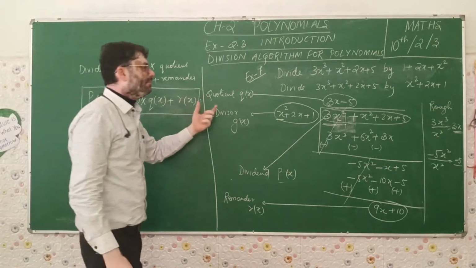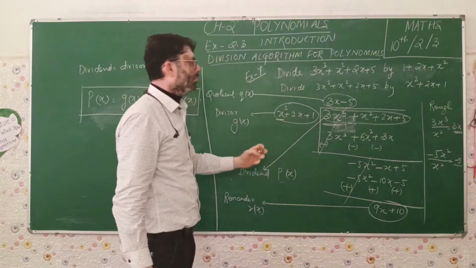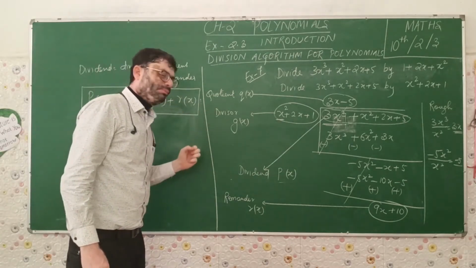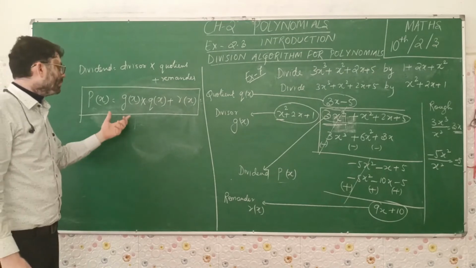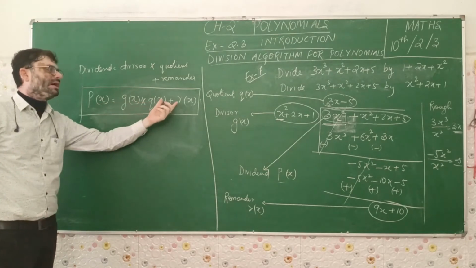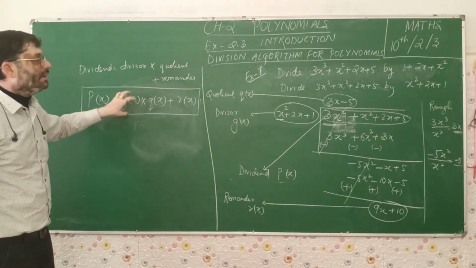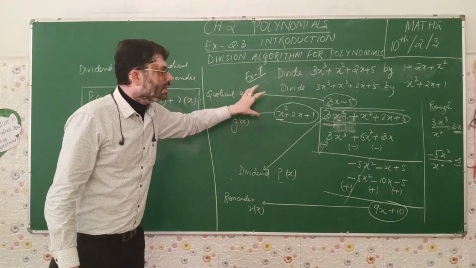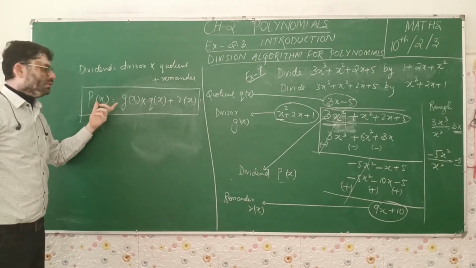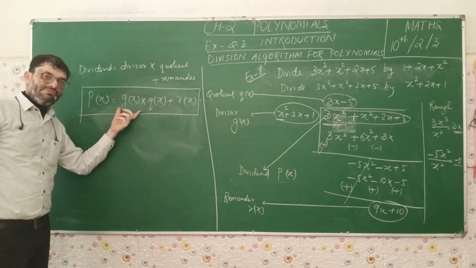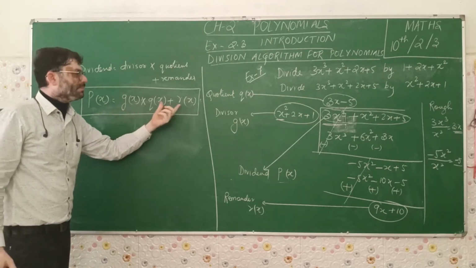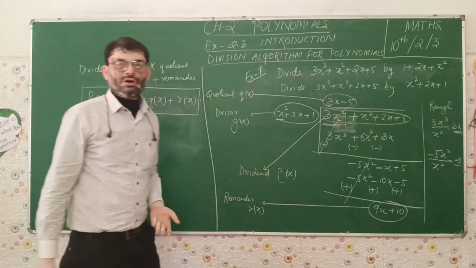From now onwards, we will have to mention which one is dividend, that is which one is p of x, which one is g of x, which one is q of x, and where is r of x. This is to be verified also: if asked in the question to verify the division algorithm, then we will have to move on through this. So dividend is equal to divisor into quotient plus remainder, p of x is equal to g of x into q of x plus r of x, is the division algorithm for polynomials.